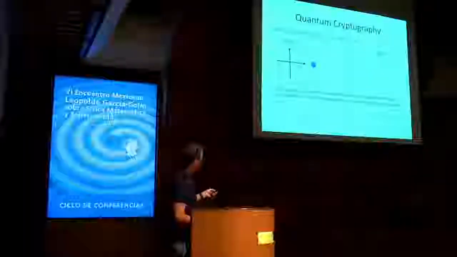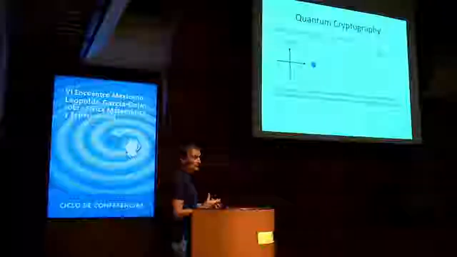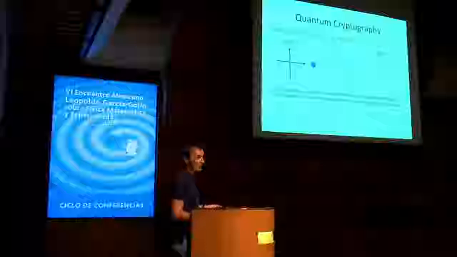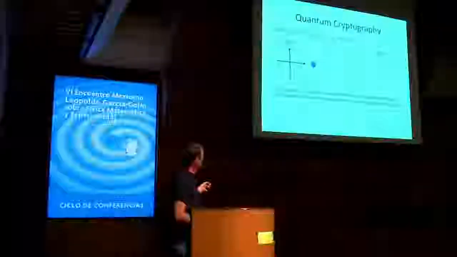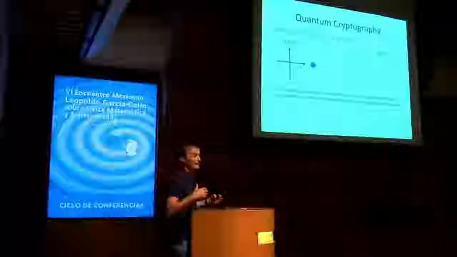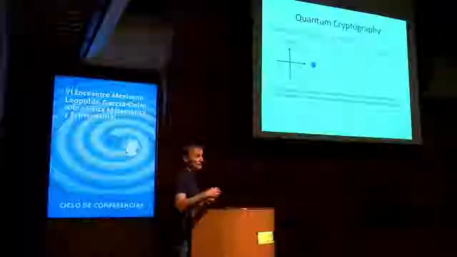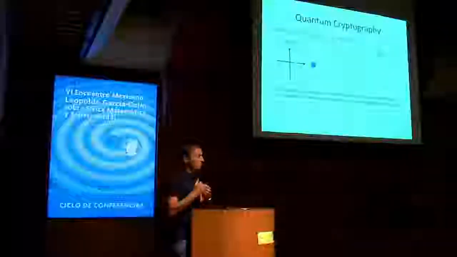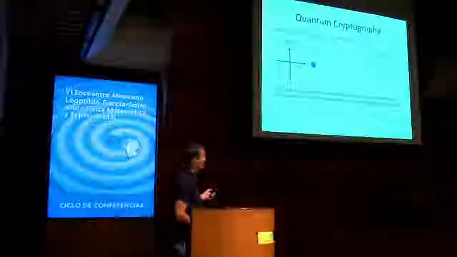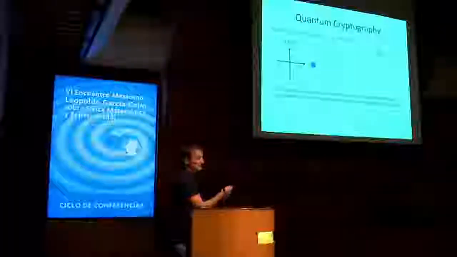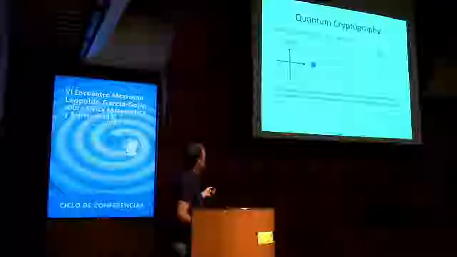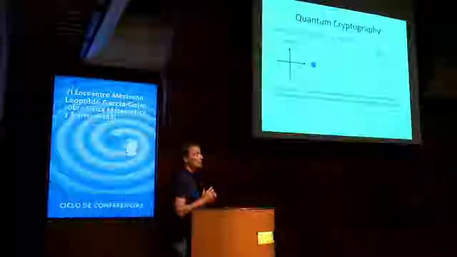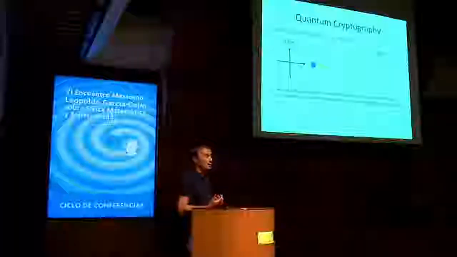So the protocol is just a key distribution protocol using quantum physics. What these two researchers propose is the following. In cryptography, usually people talk of Alice and Bob. These are the honest players that want to exchange private information. Alice wants to establish the key with Bob. So she generates a random bit. She tosses a coin. And depending on the result, she prepares what is called a qubit.